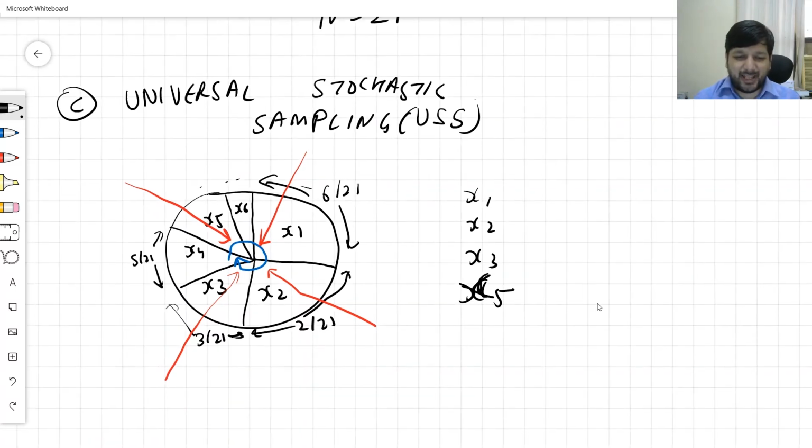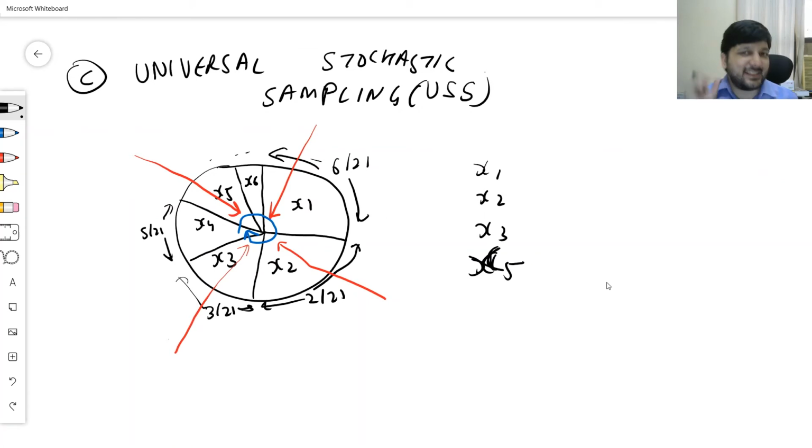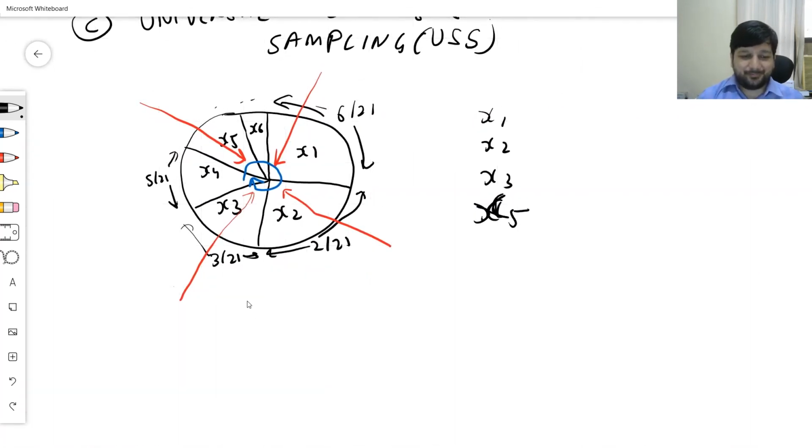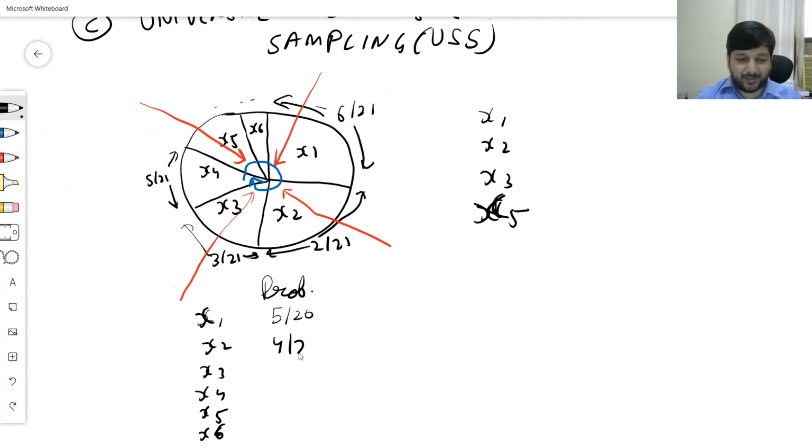In terms of a program, the easiest way that you can think of, let's write this down over here. So this is x1, x2, x3, x4, x5, and x6. And this is some kind of a probability. So let's say 5 by 20, 4 by 20, whatever. Let me give numbers instead.